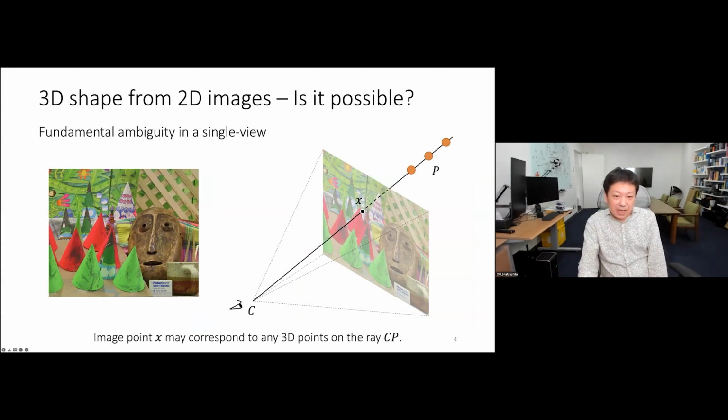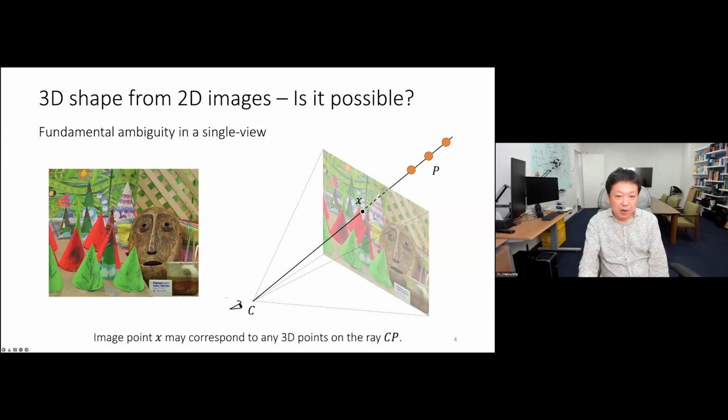Although we have a sense of 3D when we see a 2D photograph, mathematically speaking, it is impossible to determine the 3D shape just from a single 2D image. It is because a point on the 2D image can correspond to a set of 3D points in a 3D space.